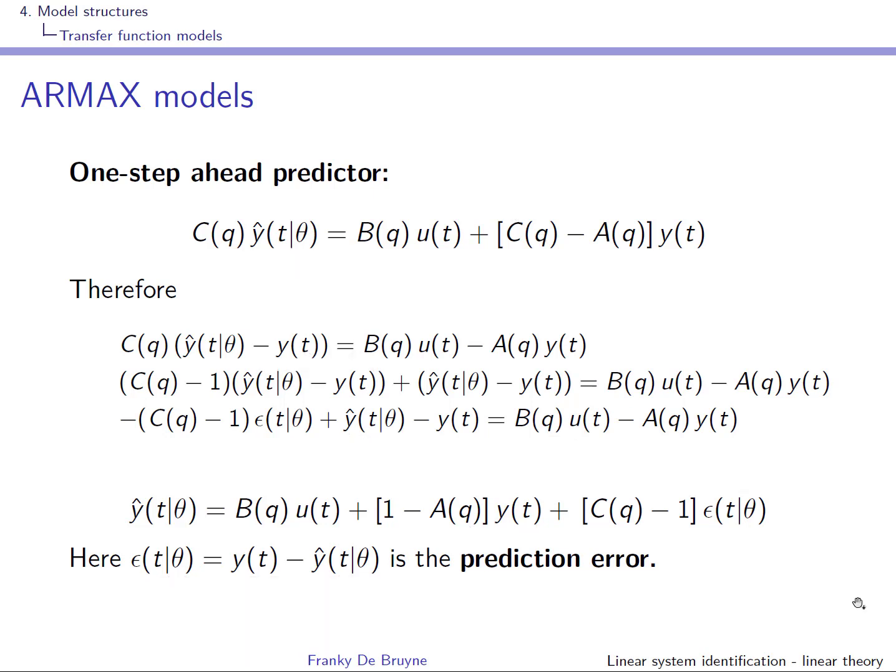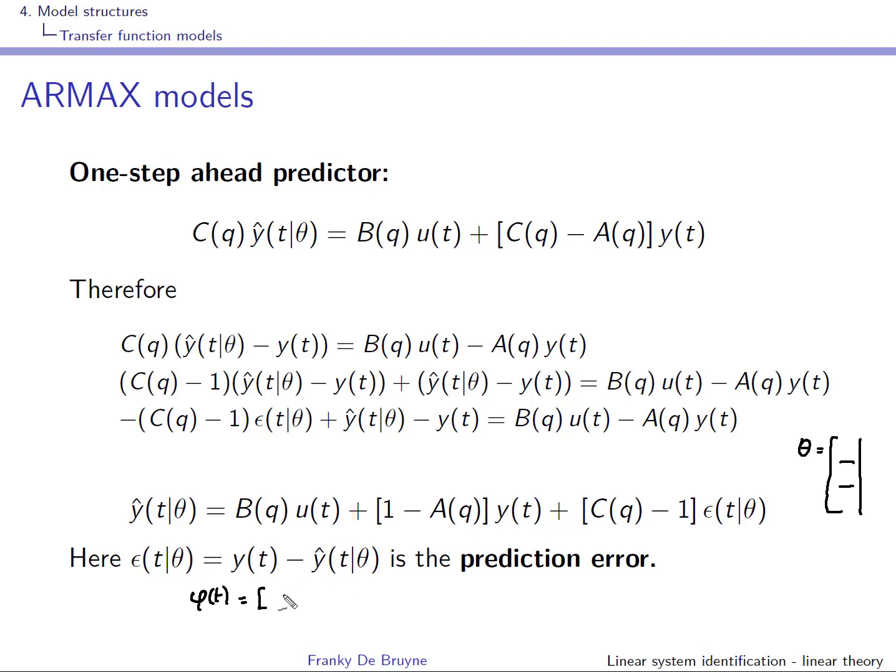So what we would like to do is to write this in a neat way. And remember that we have already defined theta. It's composed of the A's, the B's, and then the C's. And to do that for the ARX model, we had defined the regressor vector phi.